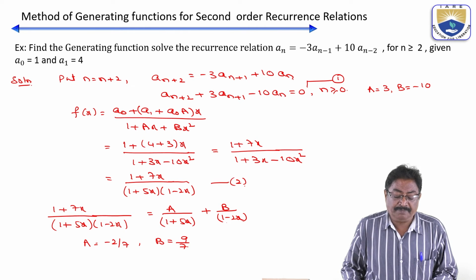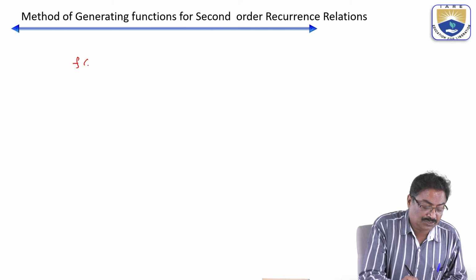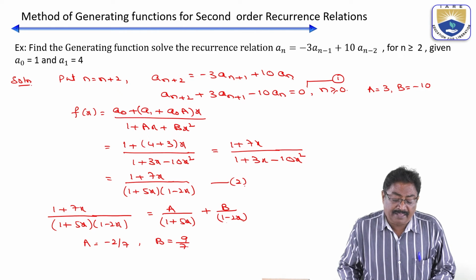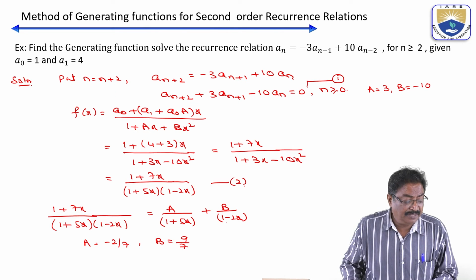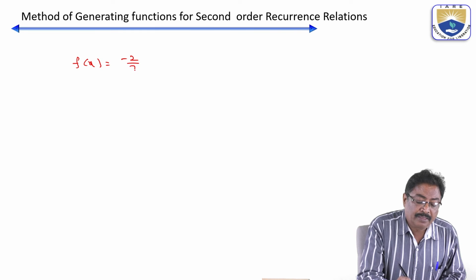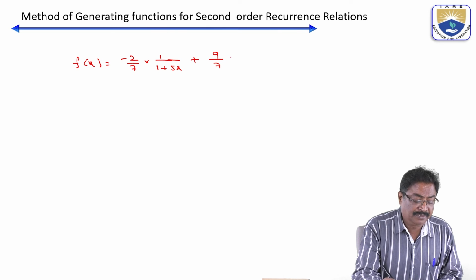After finding the a and b values, f(x) is equal to minus 2 by 7 into 1 by 1 plus 5x, plus 9 by 7 into 1 by 1 minus 2x.